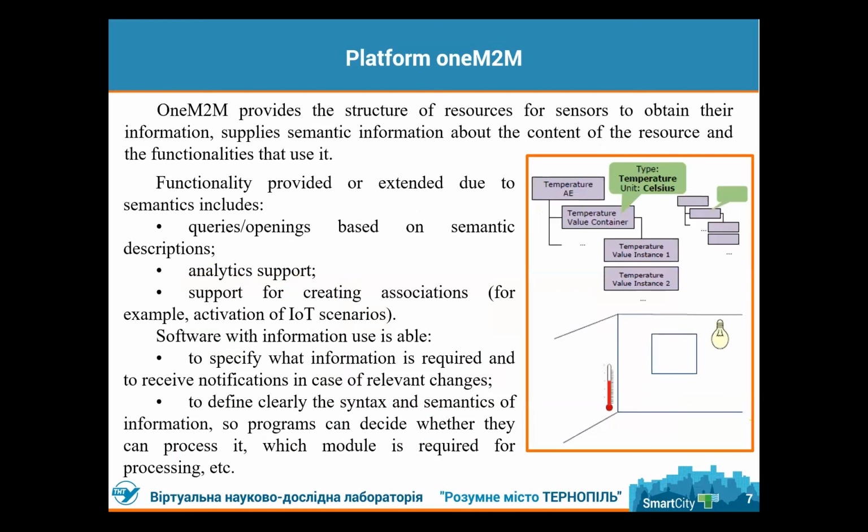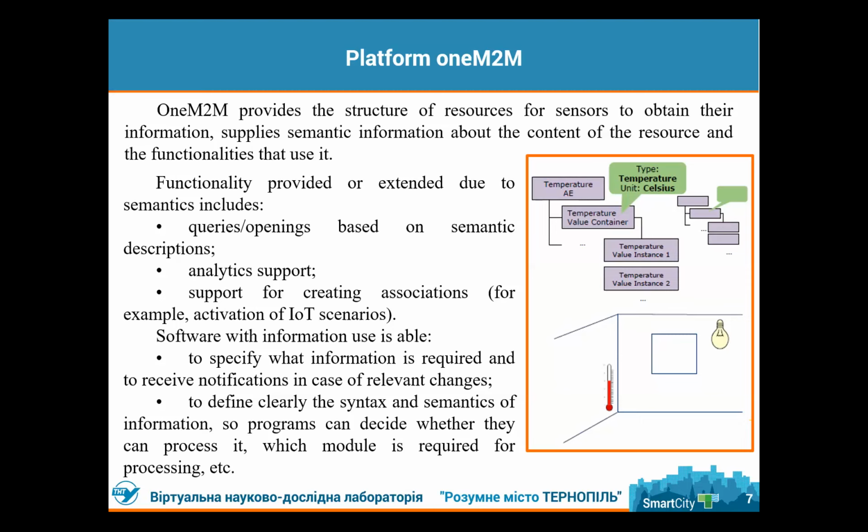oneM2M provides the structure of resources for sensors to obtain their information, and supplies semantic information about the content of the resource and the functionalities that use it. Functionality provided or extended due to semantics includes queries, discovery based on semantic descriptions, analytics support, and support for creating associations, for example, activation of IoT scenarios.